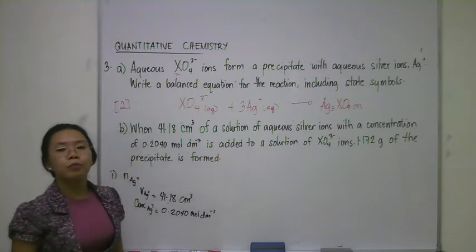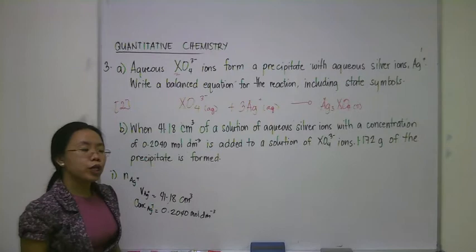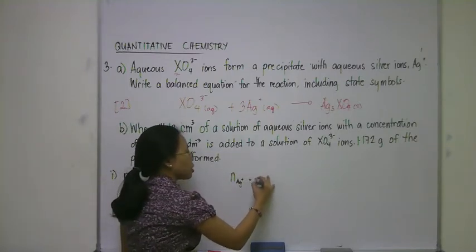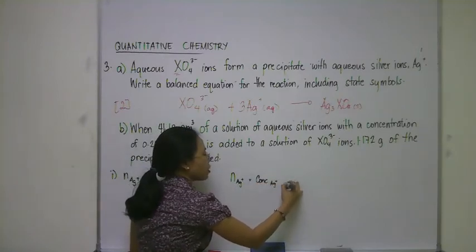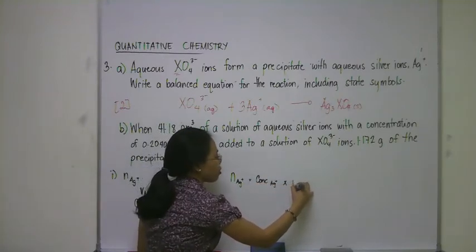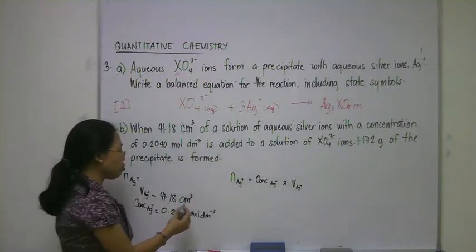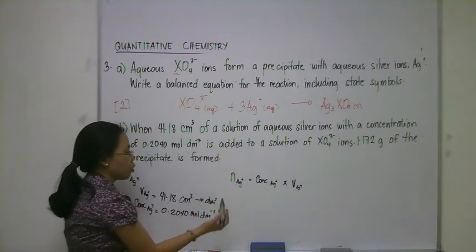So from the previous problem that we solved, to calculate the moles, all we need to do is to multiply the concentration of silver ions by the volume. And take note, the volume should be in dm cube.